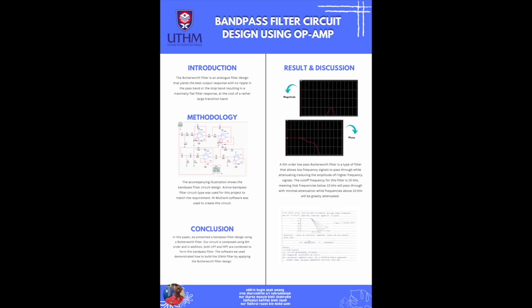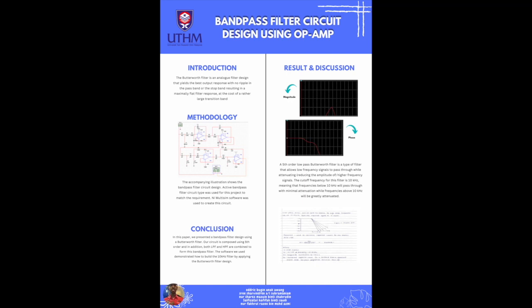The cut-off frequency for this filter is 10 kHz, meaning that frequencies below 10 kHz will pass through with minimum attenuation, while frequencies above 10 kHz will be greatly attenuated. The frequency response of the Butterworth filter is known for being maximally flat in the passband, meaning that the frequency response does not vary greatly in the cut-off frequency range.